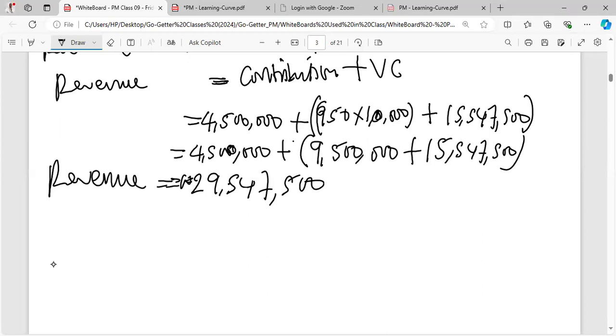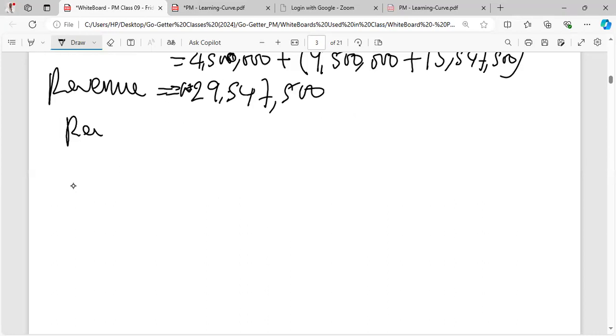But that's not revenue. We're not asked to find revenue, right? We know that revenue is equal to quantity times selling price. So what we're going to do now is we are going to do it in two phases.